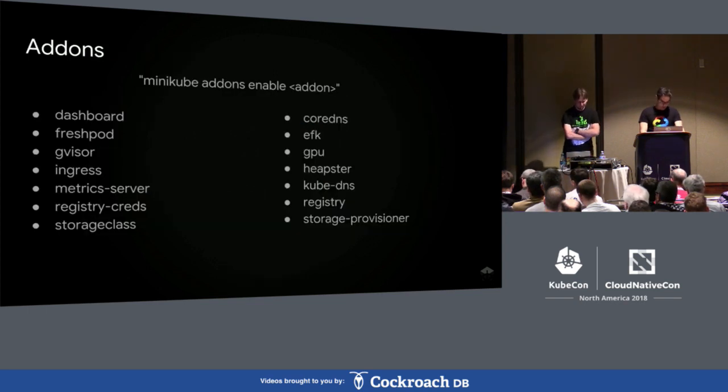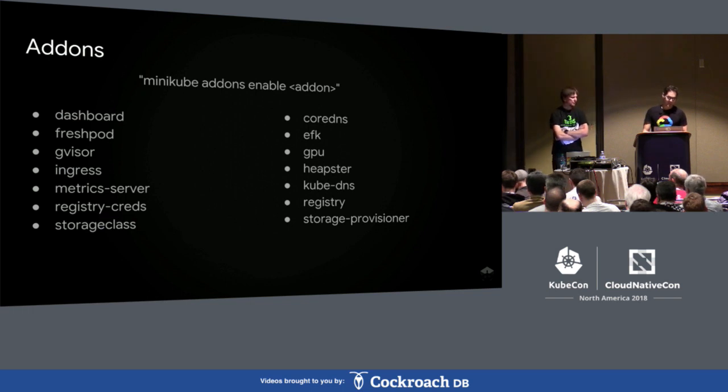Talking about add-ons, we have a bunch of them. This is kind of like a marketplace inside Minikube that you can contribute to as well and check out for adding interesting features. For example, gVisor support. gVisor is Google-developed open source sandboxing technology to run untrusted workloads.